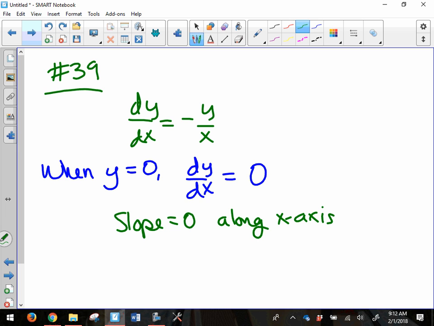So if we look at our options over here in the bottom left-hand corner of the page, which one of those might be a good option?